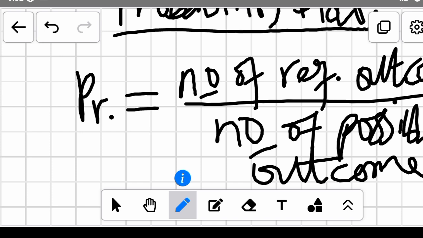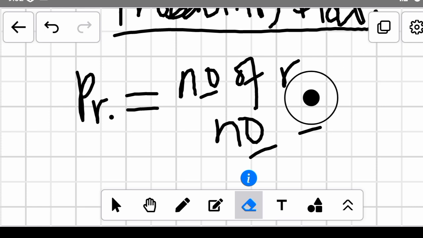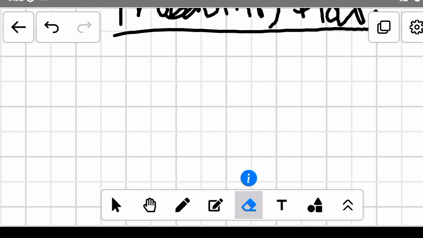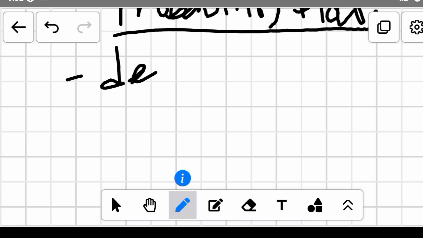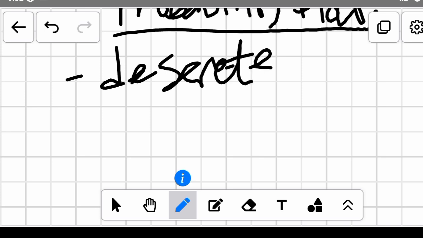So when we talk about probability distribution, we have the discrete probability distribution.